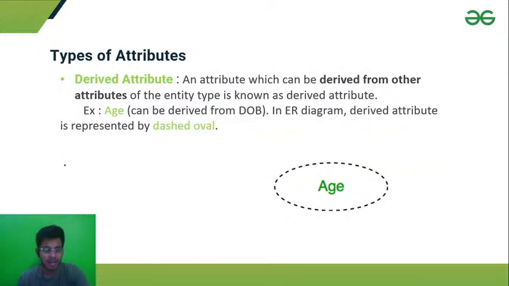The next type of attribute we have is the derived attribute. So what are derived attributes? Derived attributes are the attributes which can be derived from a particular attribute.